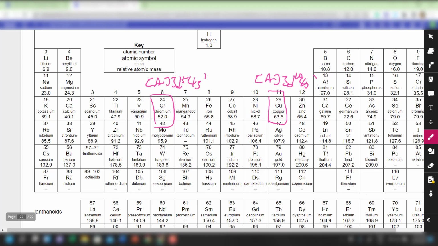This is largely due to the fact that prior to the third row, you are filling up the f subshells, and the third row transition elements tend to have prominent relativistic effects, and that explains the many unique appearances and chemistry of the third row transition elements.